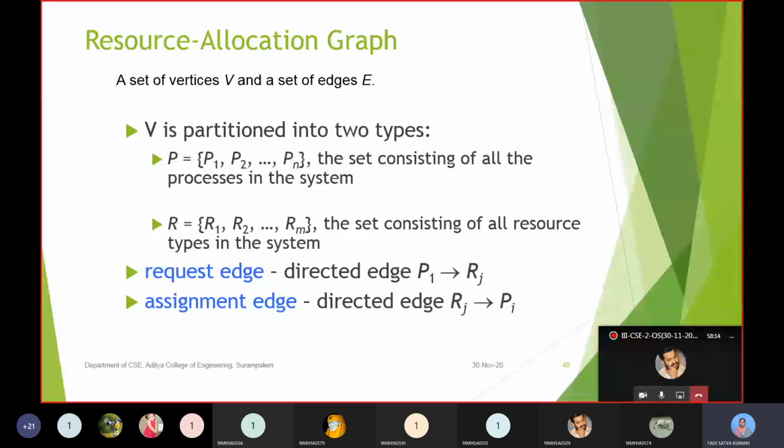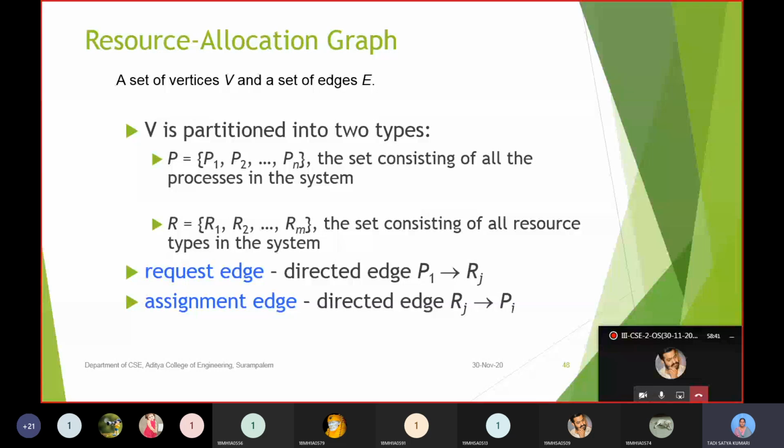The vertices are divided into two types: P processes and R resources. Whatever processes are executing in the system are referred to with the letter P, and whatever resources are available in the system are represented with the letter R.